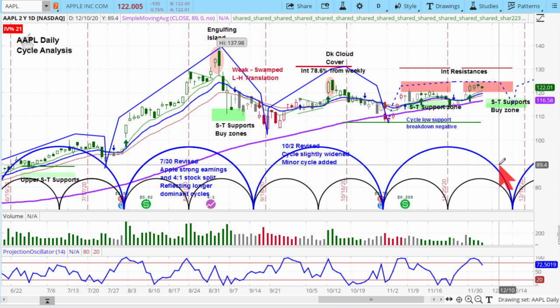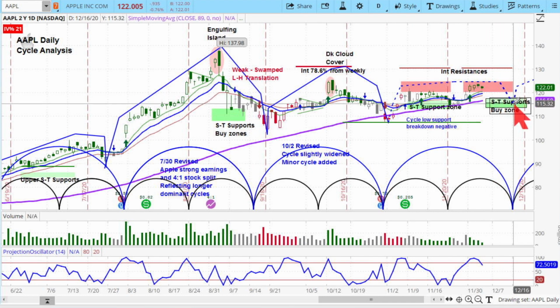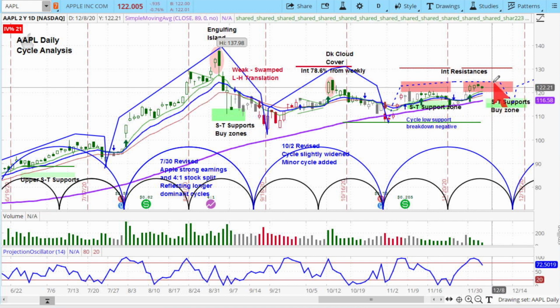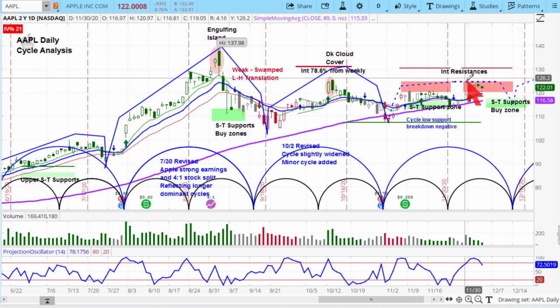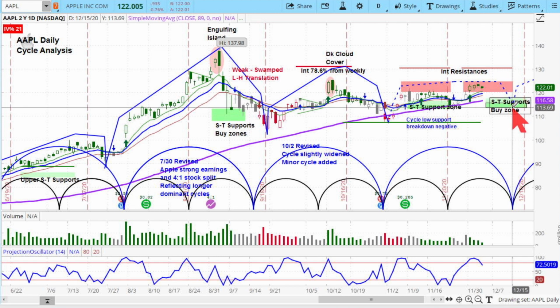And you can see we expect Apple to be moving down over these next 2 weeks in this resistance zone, and then moving up again towards the end of the year and even into January. So this would be helping the market move down into this buy zone. Why is that a buy zone?